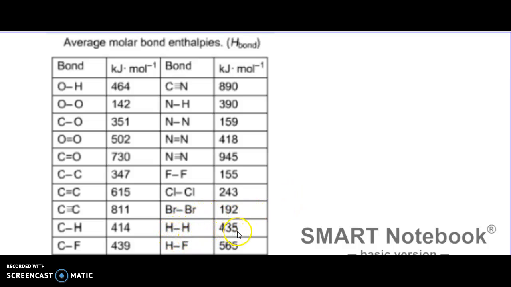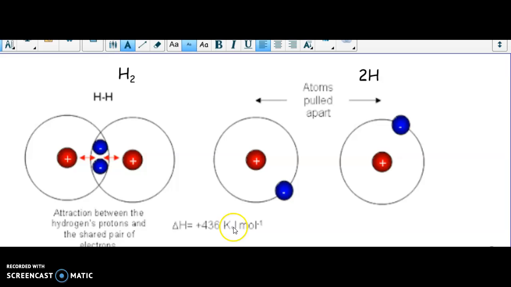If we look at hydrogen here, the HH bond, the number here is 435. So let's go back to the other slide and take a look at what it said there. You can see in this slide it says 436 kilojoules times inverse moles. And that number doesn't quite agree with our table. Our table said 435, but that is not uncommon in this realm.